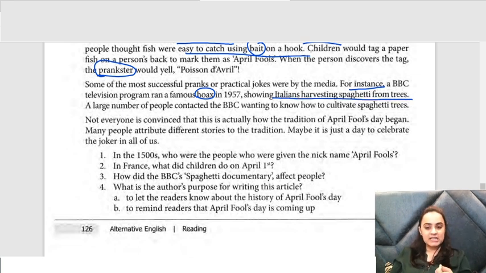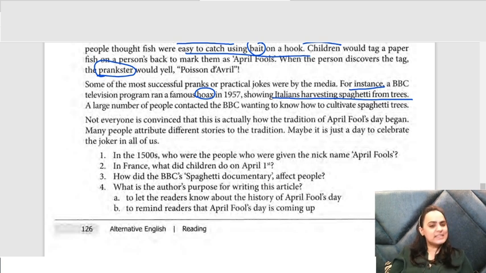Now, spaghetti is the end result of something. You do not harvest spaghetti, neither does spaghetti grow on trees. So some Italians were seen cultivating spaghetti from the trees. After that telecast, a large number of people contacted the BBC wanting to know how to cultivate spaghetti on the trees.